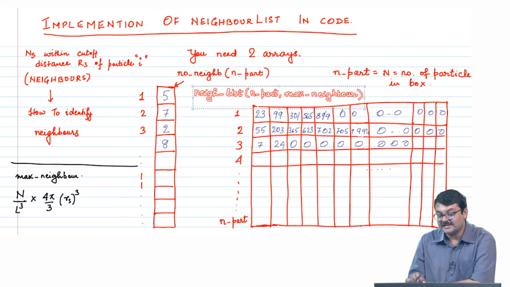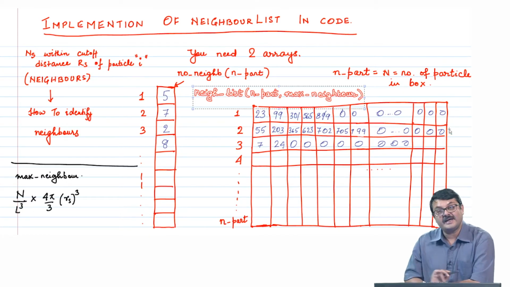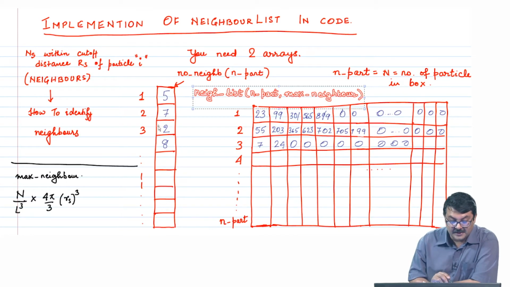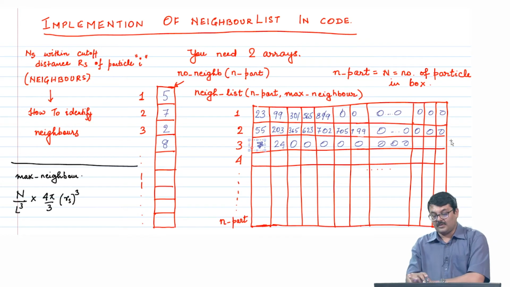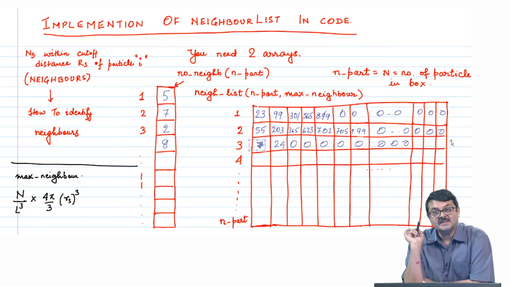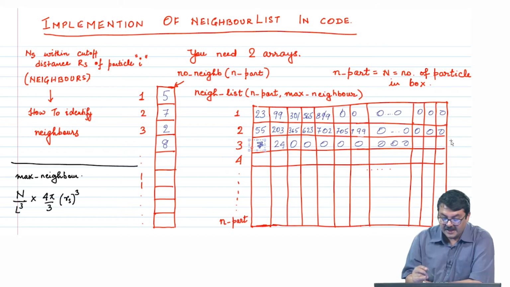There are 7 neighbors, and the rest of the array is 0. Now, suppose particle number 3 has 2 neighbors, say 7 and 24, and the rest of the row is full of zeros.